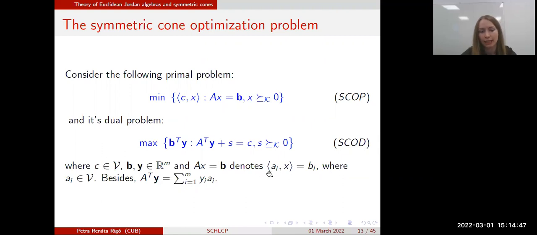If a_i is an element of V, then we take the inner product of a_i and x, and this gives us b_i. So b is an m-dimensional column vector. And in the dual problem, we maximize b transpose y subject to these constraints. And of course, because we are talking about symmetric cones, here s is in K.